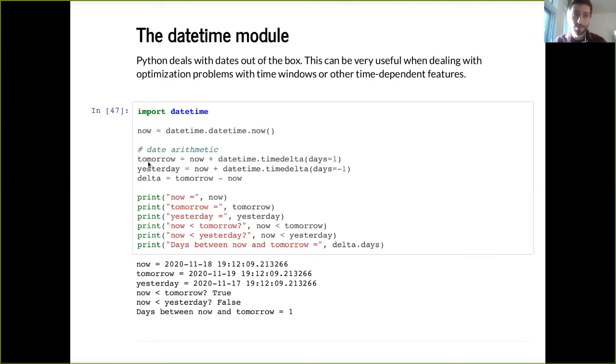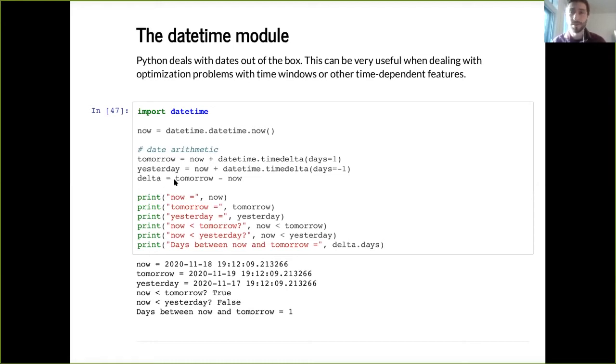So if I want to see what is the datetime for tomorrow, I can sum to now a timedelta of 1 day. So I specify datetime.timedelta, days equal 1. And if I want to see yesterday, I can sum to now a timedelta of -1 day. So when I print tomorrow and yesterday, you can see that they are now plus 24 hours and minus 24 hours. The hour, minute, and second are the same. Not only that, but I can make a subtraction between 2 datetimes.